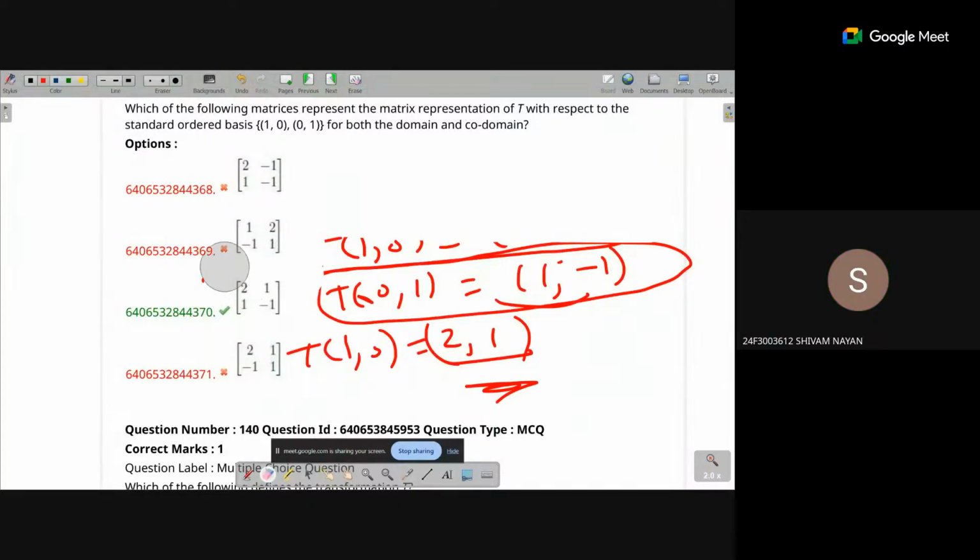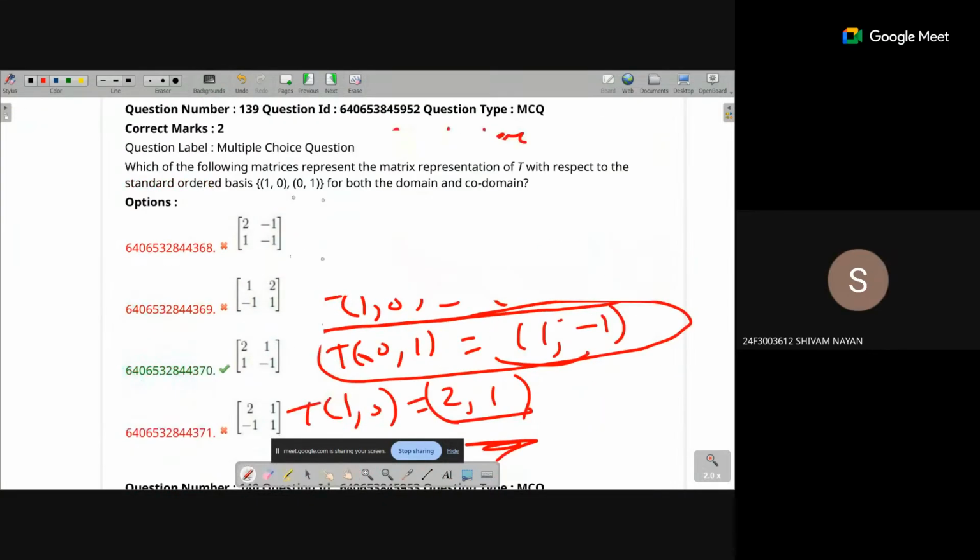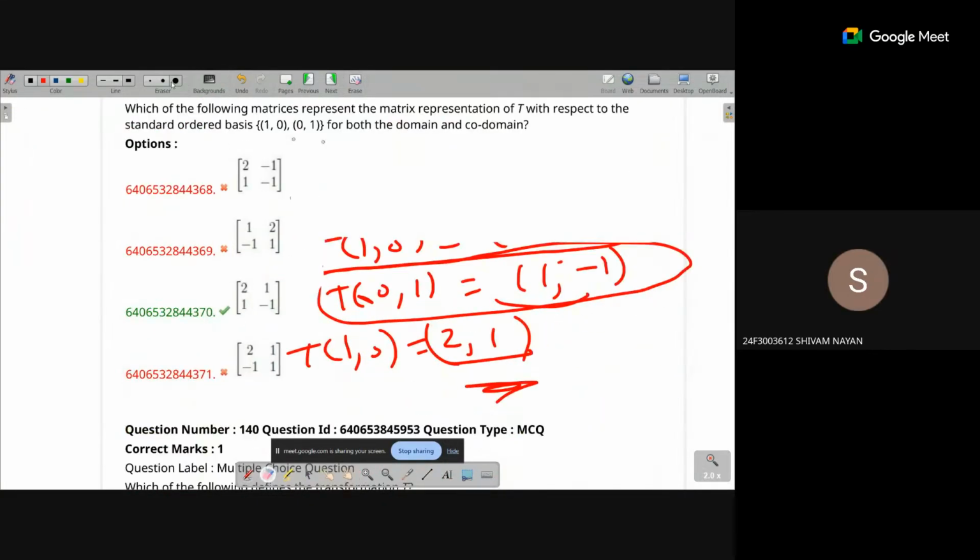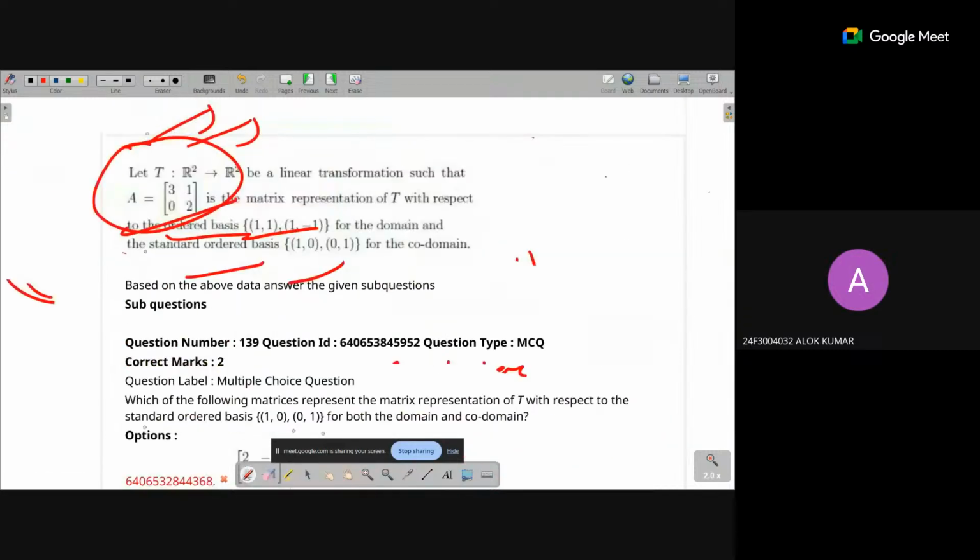Sir, we can use another method. If we find 1, 0 in terms of 1 comma 1 and 1 comma minus 1, and then find the transformation of this. No, tell me your approach.